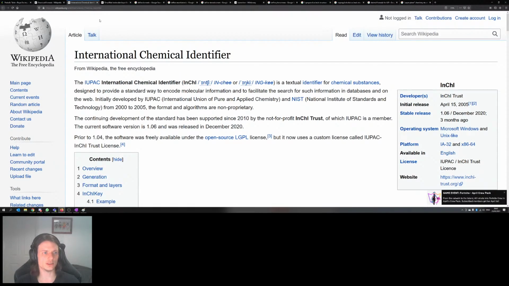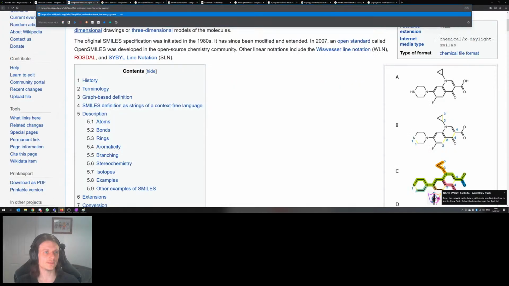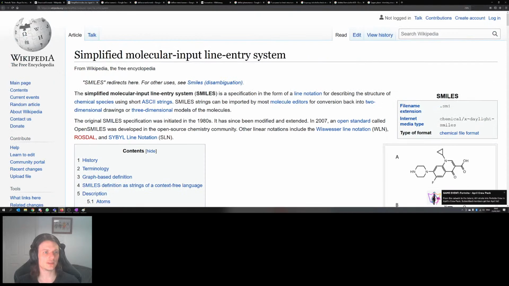International Chemical Identifier is the IUPAC. Alright. Simplified Molecular Input Line Entry System. Whoa, SMILES. A specification in the form of a line notation for describing the structure of a chemical species using short ASCII strings. Okay.